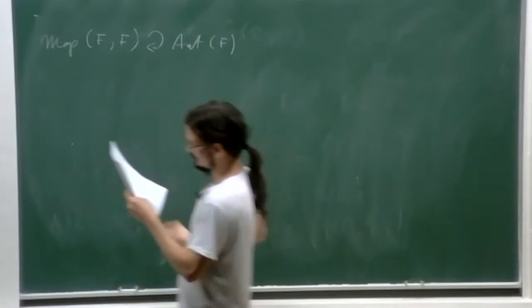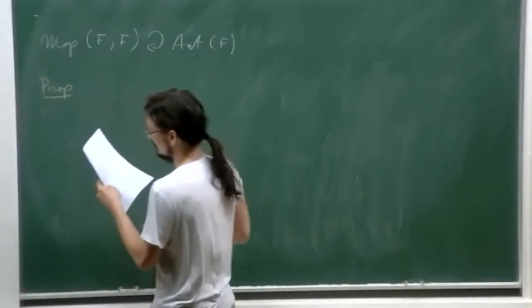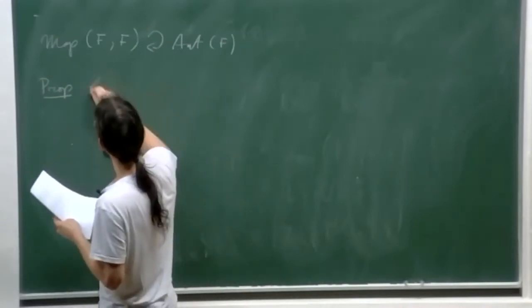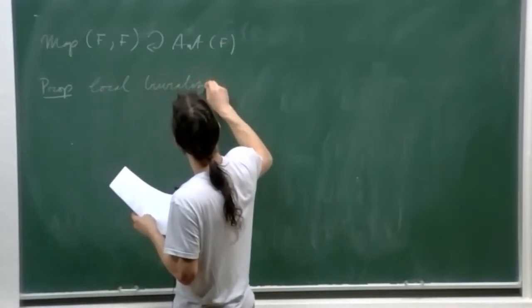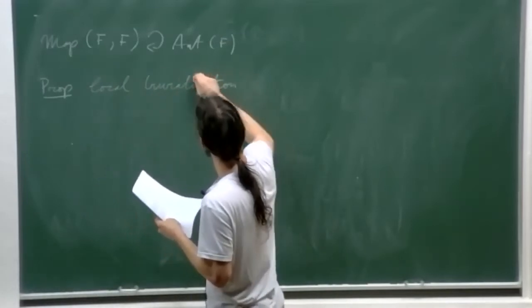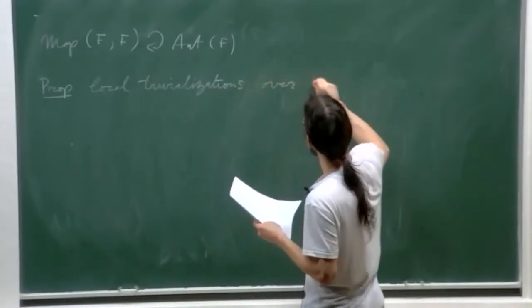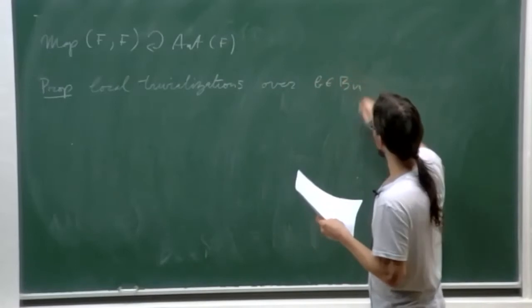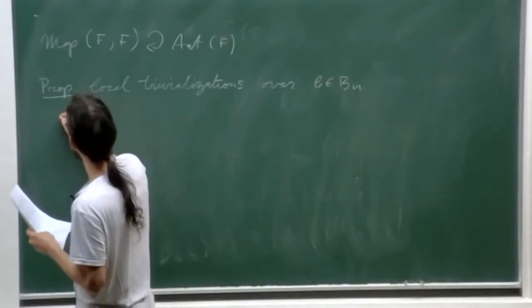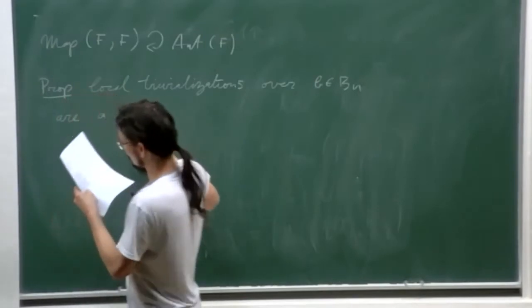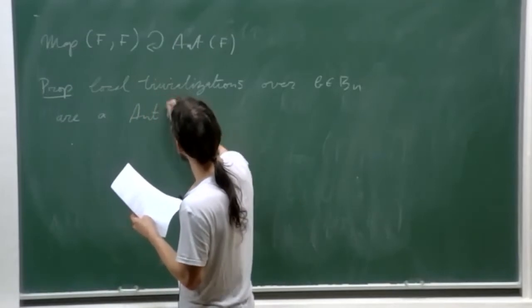And then the important proposition is that local trivializations over a given simplex are an Aut F torsor.